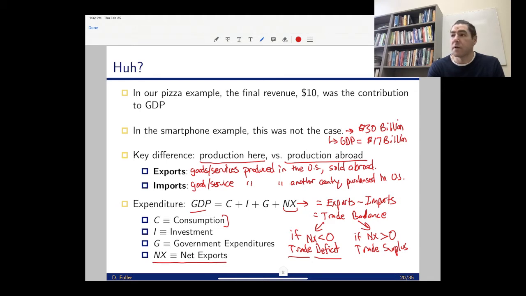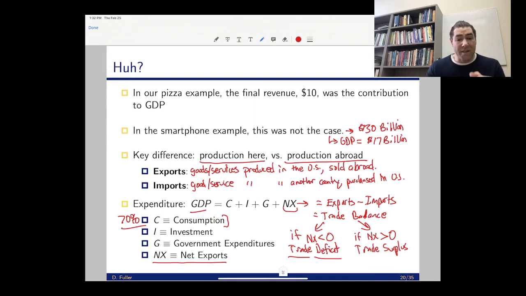So if you buy a shirt, a sandwich, clothes, appliances, a car, all of those things would go into what we call consumption. And that's a bulk of our GDP. It's about 70% of our GDP is in consumption.